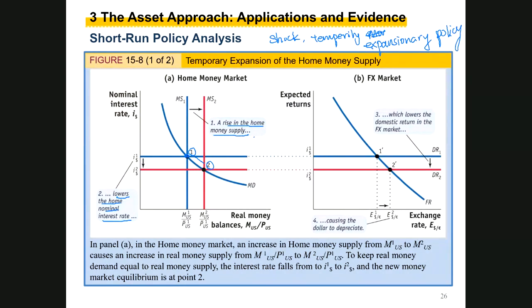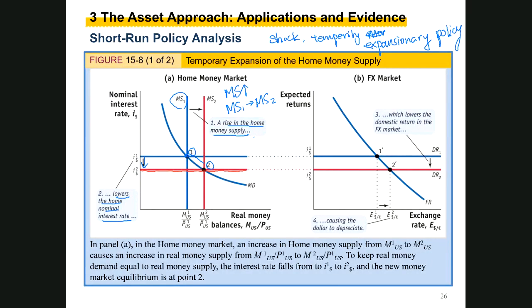Right, the shock is here. The shock is MS increase from MS1 to MS2. Right, so money market equilibrium tells us what? If the supply of the money on the market increase, the interest rate will decrease. Right, so we use the red line here to show the new level of the equilibrium interest rate.